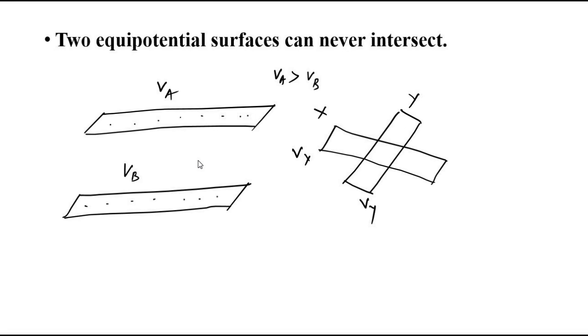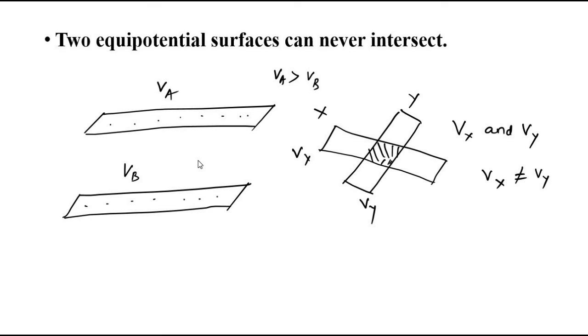Now let us say they intersect in this region. So in this region the potential is both Vx and Vy. How can two different potentials exist at the same time? It is not possible. Vx is different from Vy. How can Vx and Vy be equal at the same point?